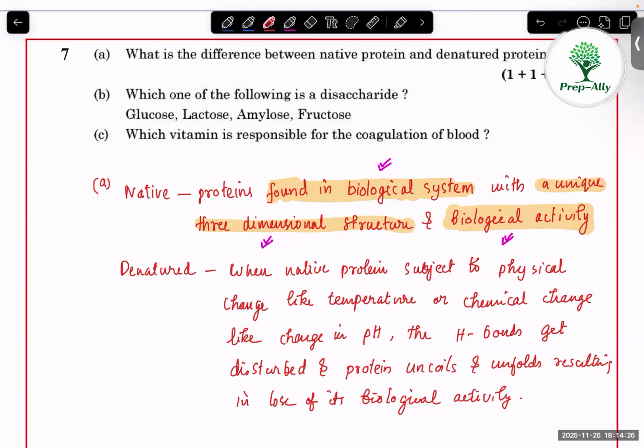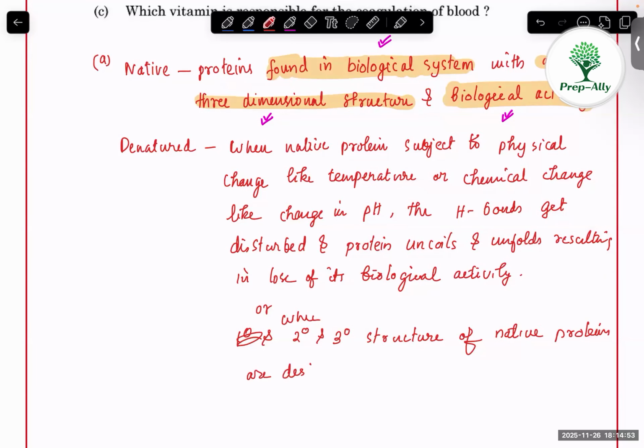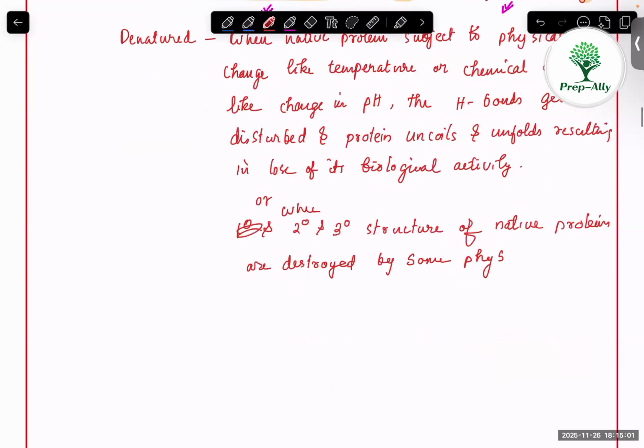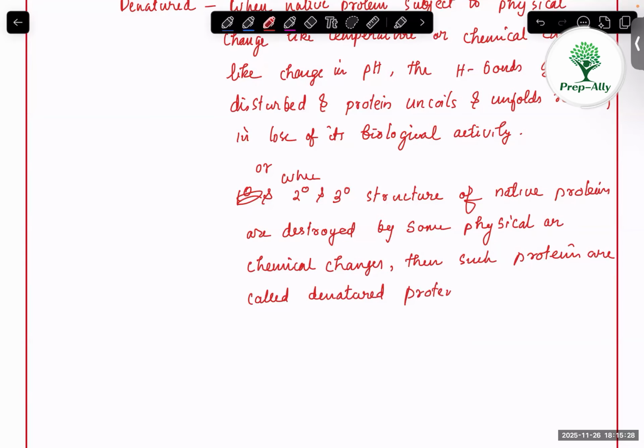Now, if you are not writing that, you can write, I can say secondary and tertiary structure of native proteins, or I can say when secondary and tertiary structures of native proteins are destroyed by some physical or chemical changes, then such proteins are called denatured proteins. So here you don't need to write every single one of these sentences.